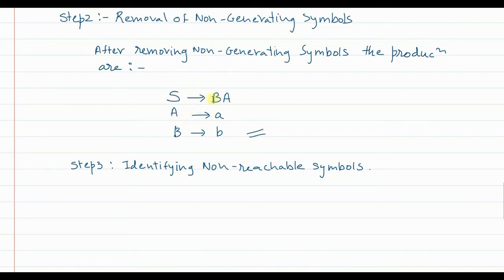Similarly, there is also B involved on the right hand side, so from the start production you can also reach out to B production. So there are no more productions. That means A as well as B both are reachable.